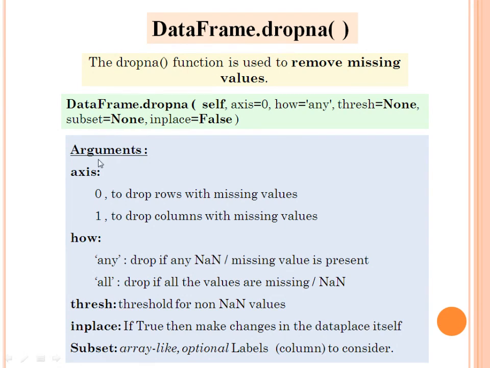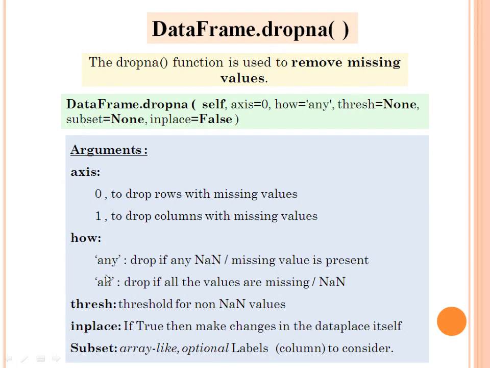Okay, so just see their arguments. The first one is axis. Axis, children, is used for locating rows and columns. 0 for rows and 1 for columns. This you all know. Then we'll move ahead and see the how parameter.